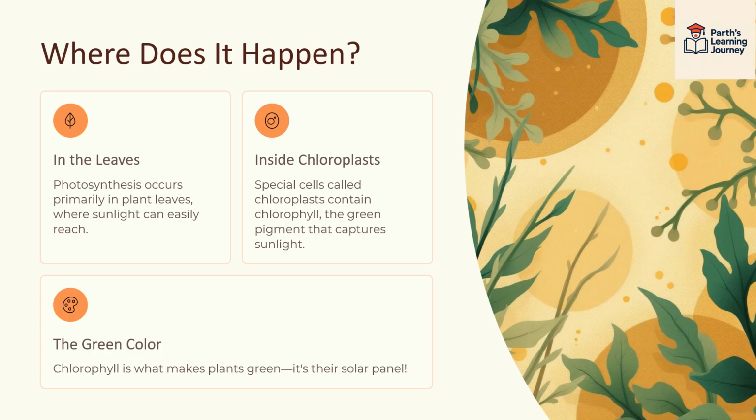This is the pigment which captures the sunlight. Then, green color. It means the chlorophyll. Chlorophyll contains chloroplast, hence the chlorophyll is the main part of this photosynthesis. Chlorophyll is the solar panel of our plants. So let's go to the next slide.